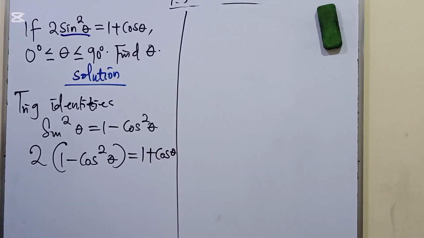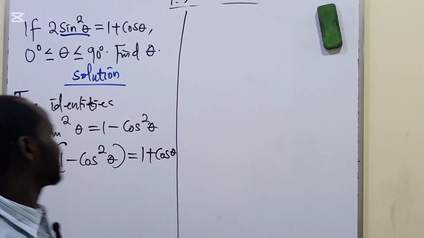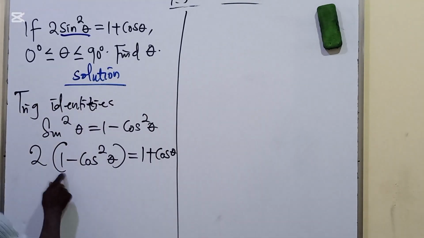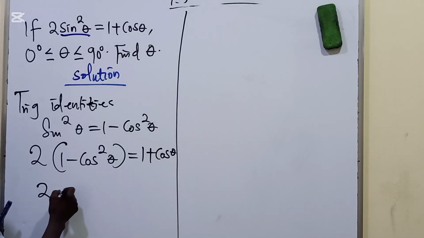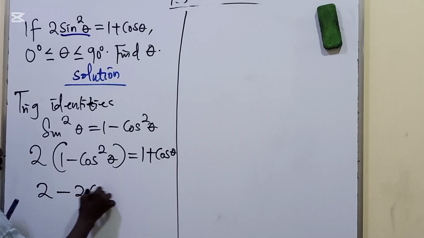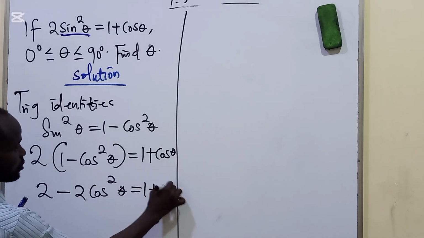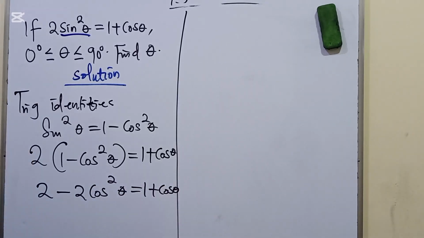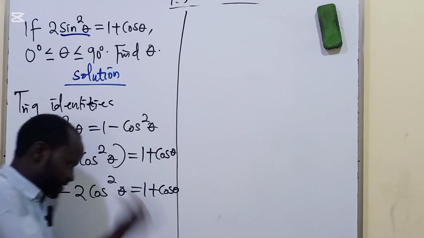theta. The aim is so that we can have cos on both the left hand side and the right hand side. So let's remove this bracket. 2 times 1, that will be 2. 2 times minus cos squared theta, that will be minus 2 cos squared theta, equal to 1 plus cos theta. On the left, I have cos squared theta. On the right, I have cos theta.